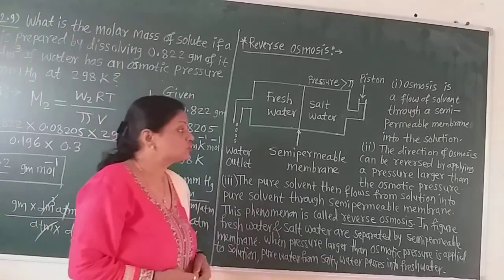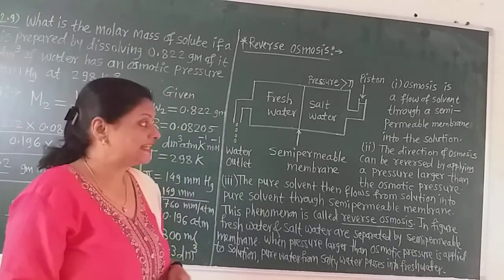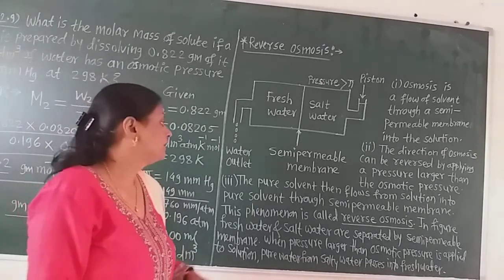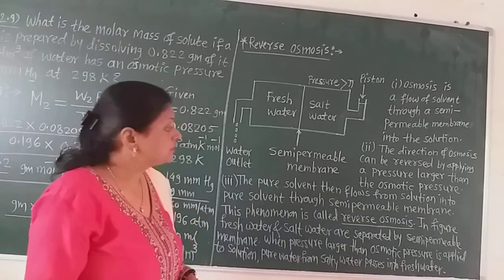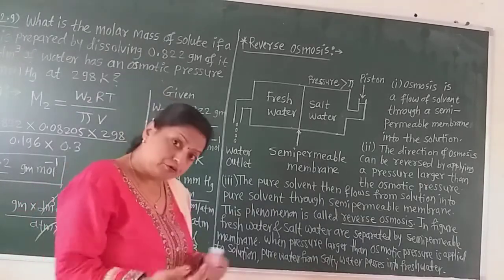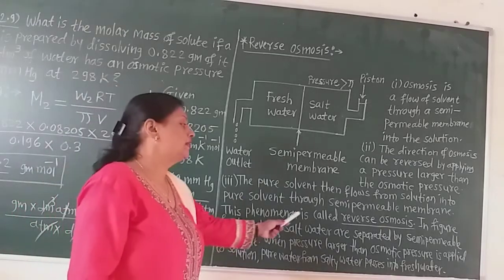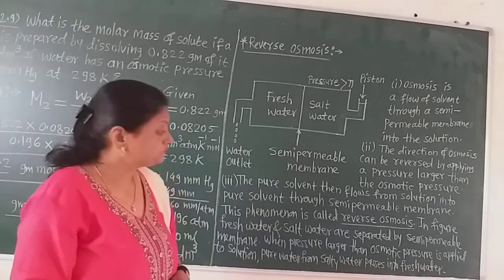So what is reverse osmosis? The direction of osmosis can be reversed by applying a pressure larger than the osmotic pressure. The pure solvent then flows from solution into the pure solvent through the semi-permeable membrane. This phenomenon is called reverse osmosis.